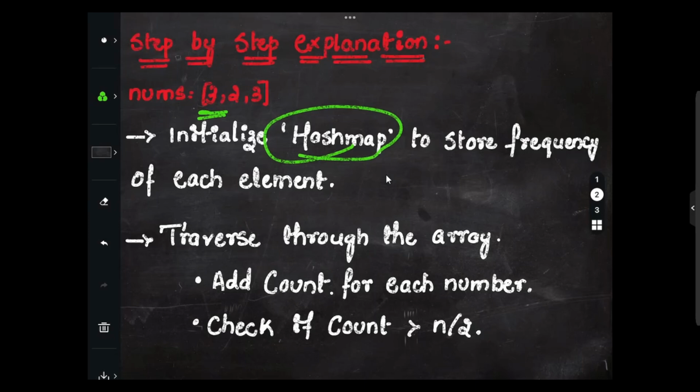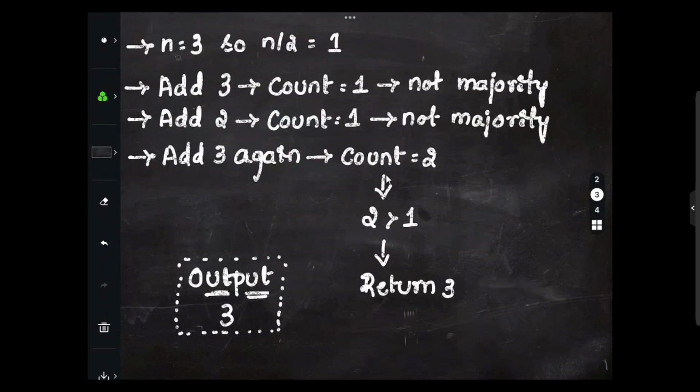So we will be traversing through the array. First we will add count for each element present in the array, then we will check if the count is greater than n by 2. This part is very important. If it is, then only we will return that number as output.